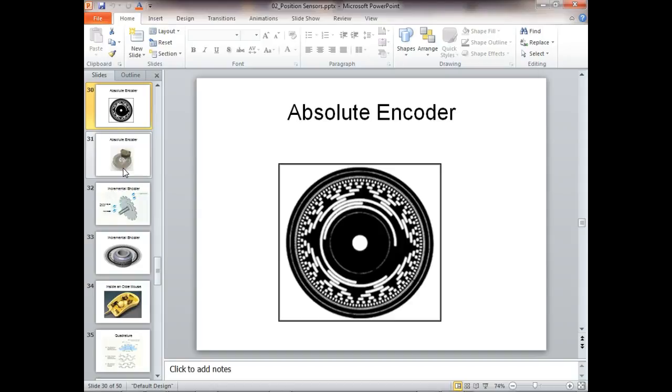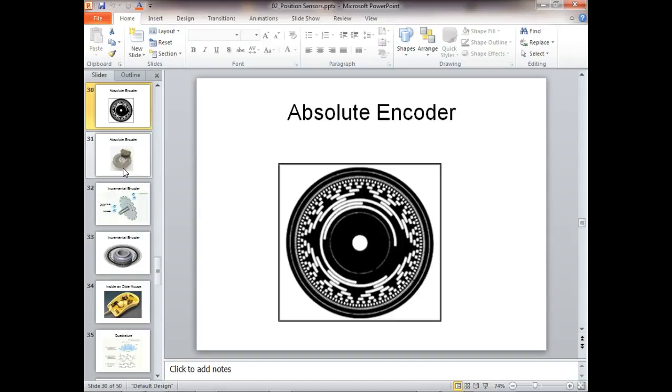But we don't have to have any external support circuitry that says, okay, I'm at this position. So an incremental encoder does not give us a position. It gives us a series of pulses that we count and then use that count to represent the what? The position. That makes sense.